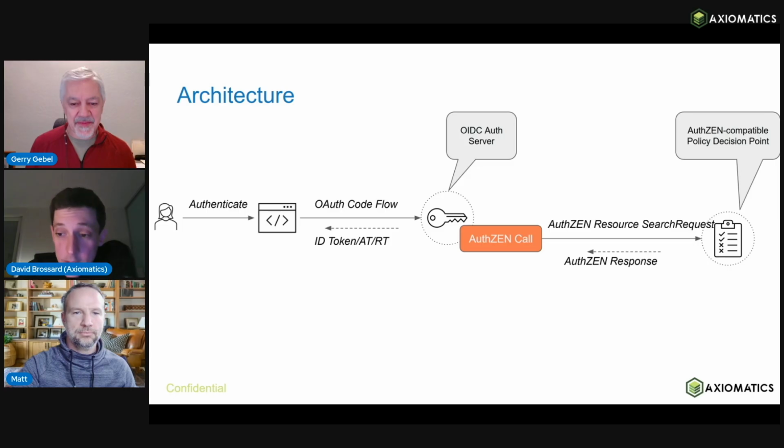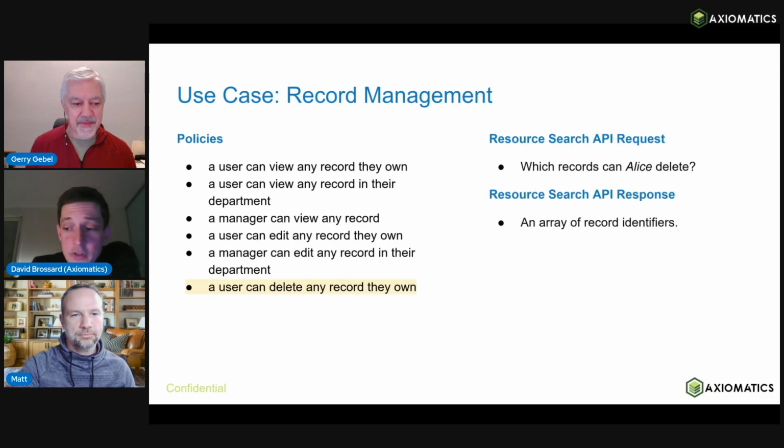So we hard-coded the delete in the AuthZEN call for this particular demo, but you could actually think of doing multiple calls. You could say view, edit, delete. Then the IDP could call the AuthZEN PDP three times if it wanted to. The use case we have is one that we built for the search interop we did back in June, where we were dealing with records. We use records because the attendee can stretch their imagination and think medical record, banking record, transaction, whatever fits their vertical.